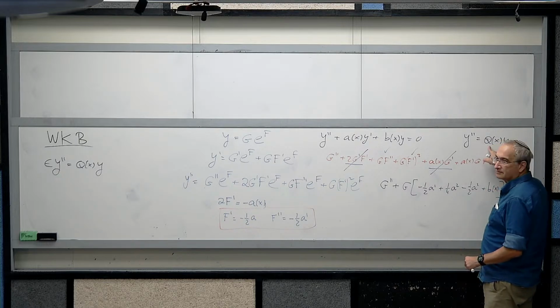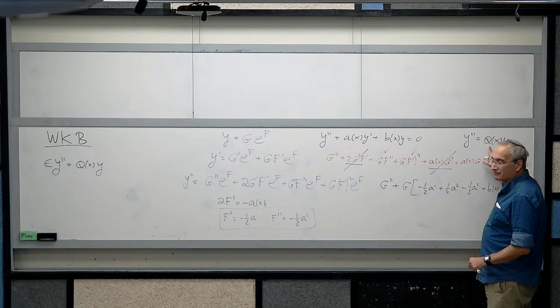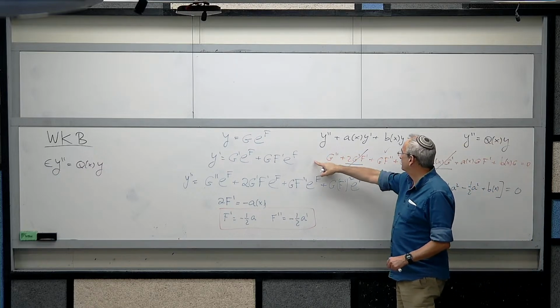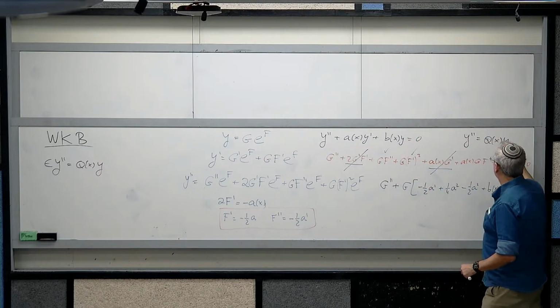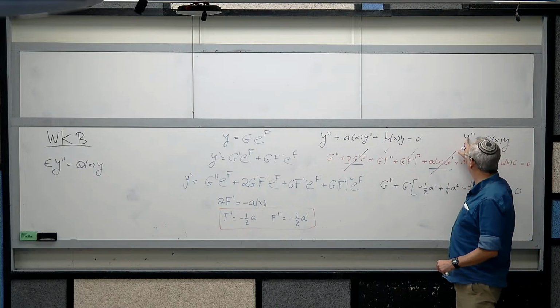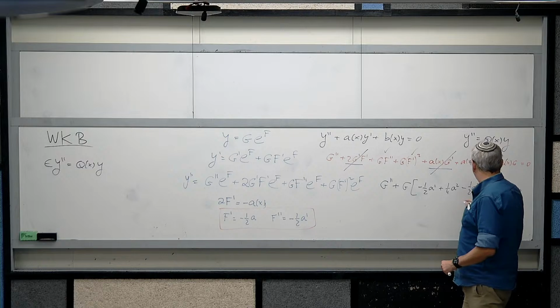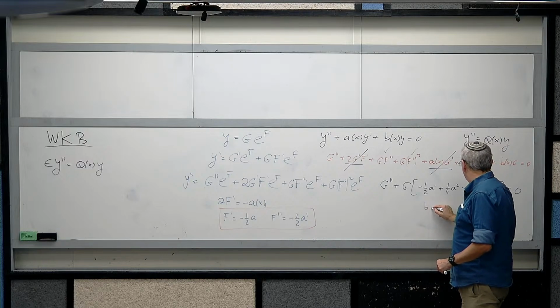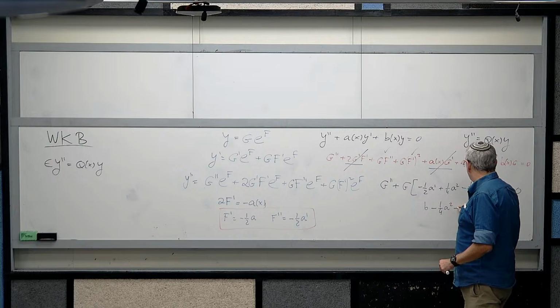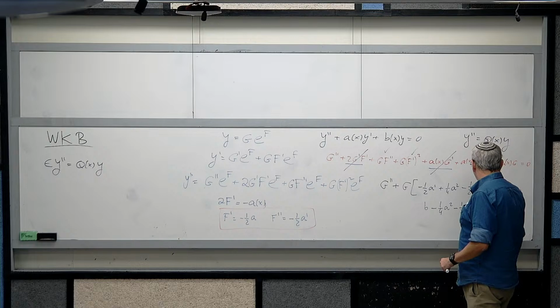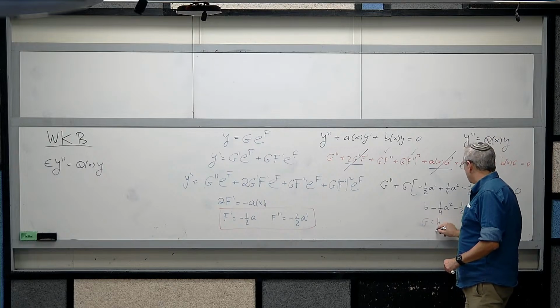So here it is, right? So every second order equation may be written that way, where g will be y, and this is q: minus 1/4 of a squared minus 1/2 of a prime plus b.